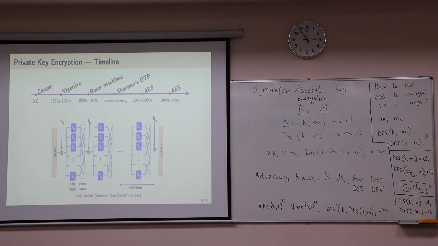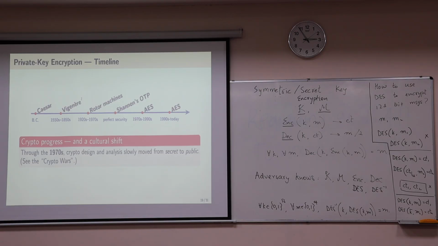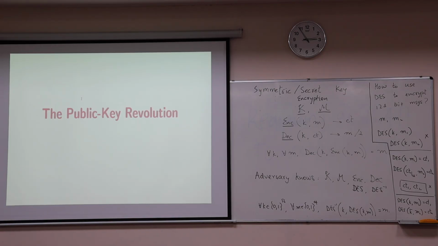So symmetric key, private key crypto has been around for centuries, and now we have very good candidates. However, in the 70s, people started asking, okay, symmetric key crypto is great, we have good candidates, but what is the one major limitation of symmetric key crypto?